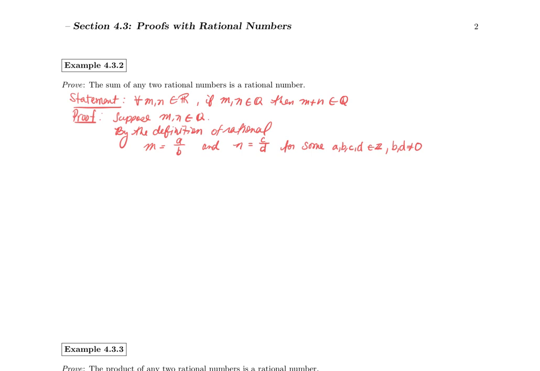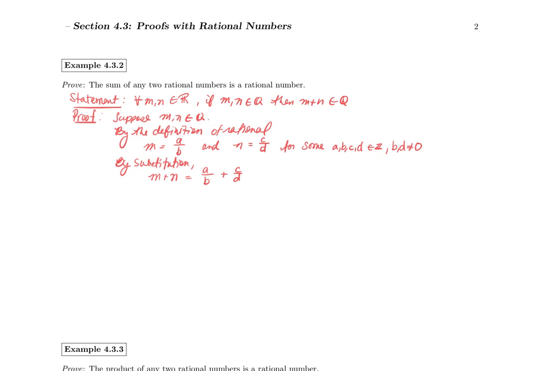Then let's move into showing that if this is true, then q of mn is also true. In this case, that means that the sum of m plus n is also rational. So by substitution, we're going to look at m plus n. m is now a over b, plus n is now c over d.